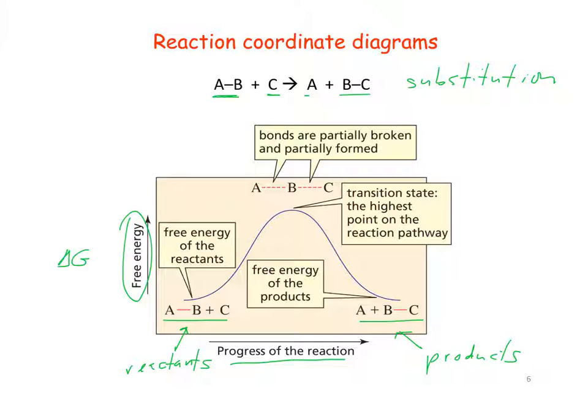All right, so the process usually goes from a reactant up over some hump up here, and this hump is called the transition state, right? And the energy difference between the transition state and the reactant, here, this is called the free energy of activation.